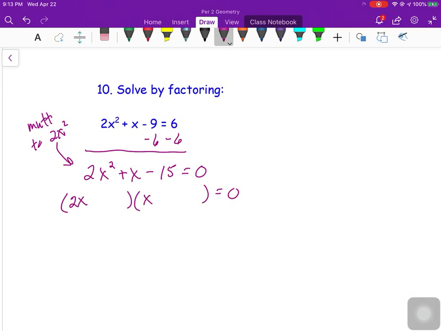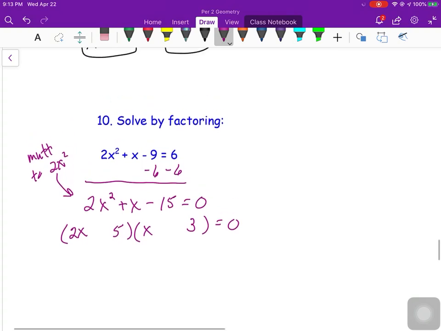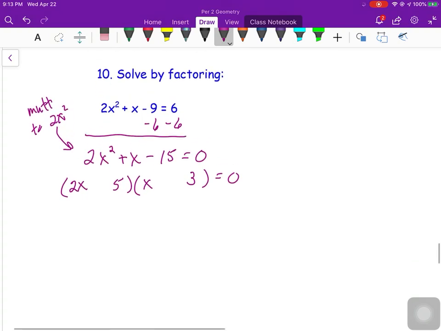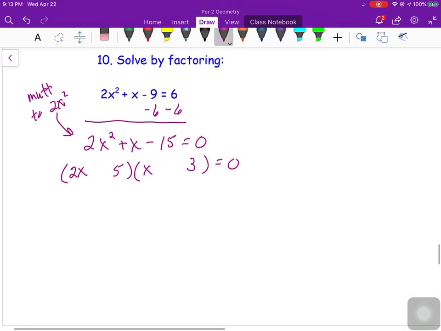The back ones have to multiply to give us 15, and they have to subtract to give us 1. And at first that might not seem possible. But I think if we place a 3 here, and we place a 5 here, we can see that on the inside we get a 5x, and on the outside we get a 6x, and that will in fact subtract to give us 1x. Now if we want to have a positive 1x, we'll have to put a plus here and a minus there.